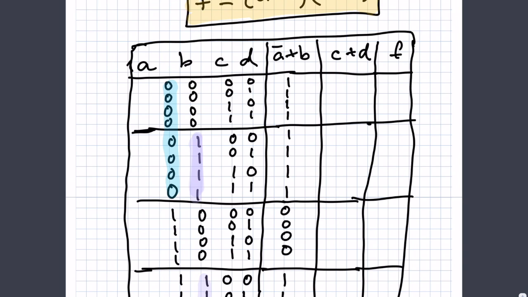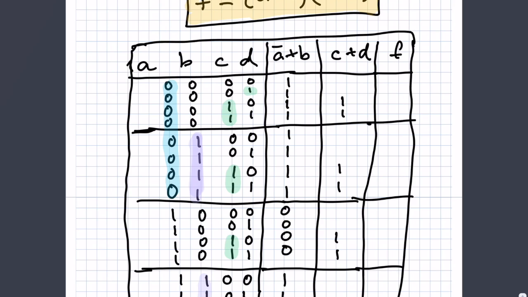Okay, so we look for where the C variable is a 1. Every place there we're going to have 1s. And we also look for where the D variable is a 1.